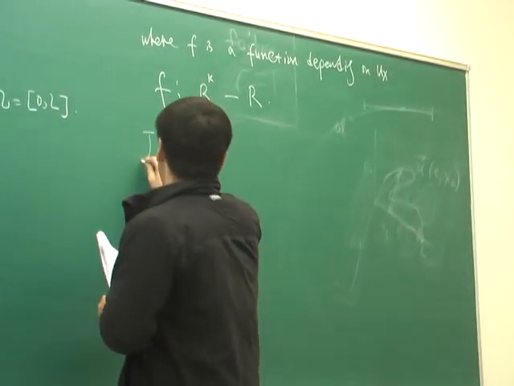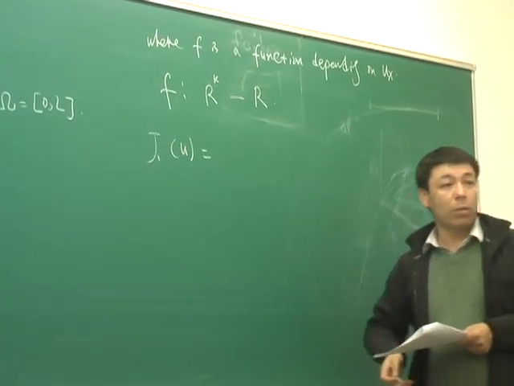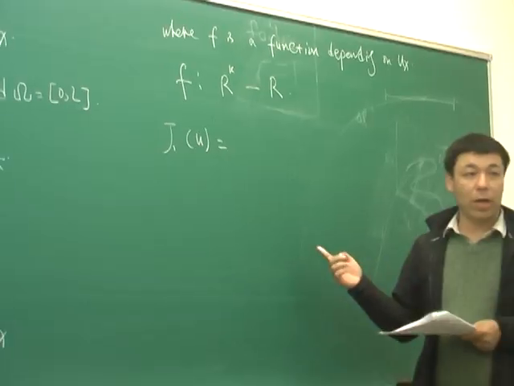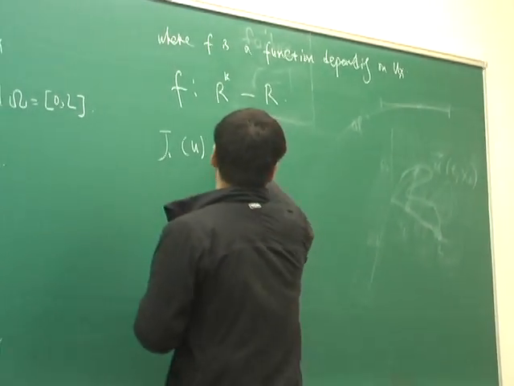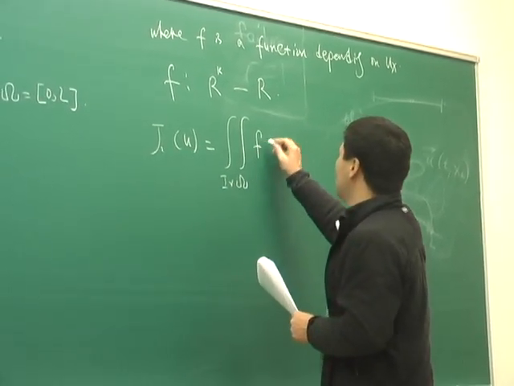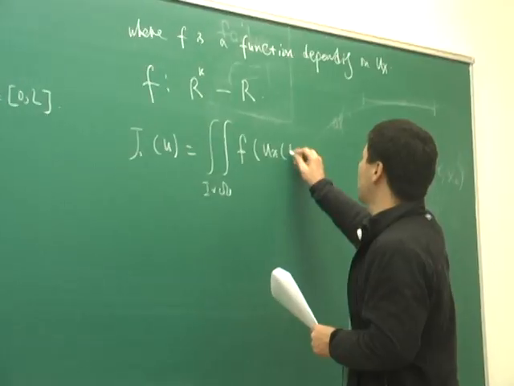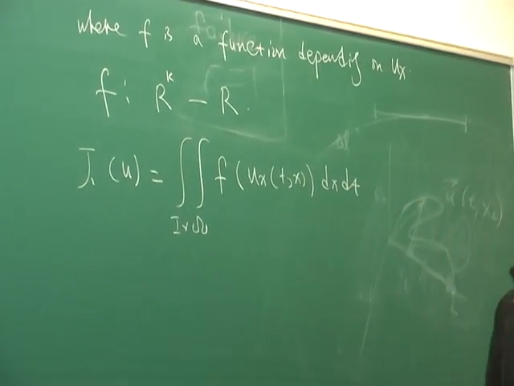Then he defined G1U as the potential energy, but I guess this is the action. Yeah, the action is the sum of J0 plus J1. The sum of the difference. What did you say?